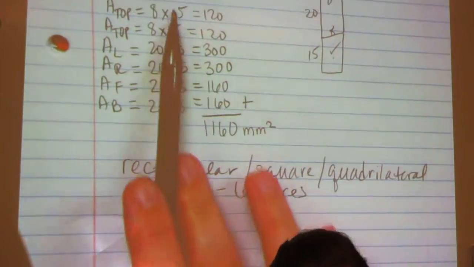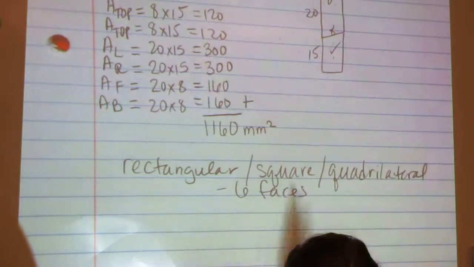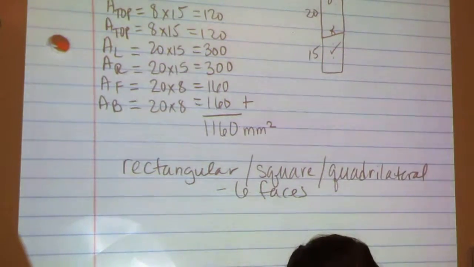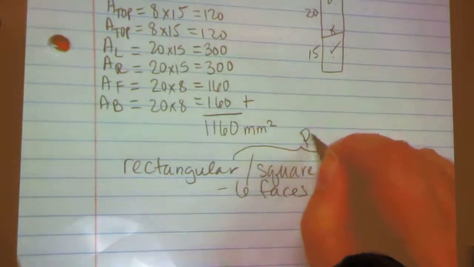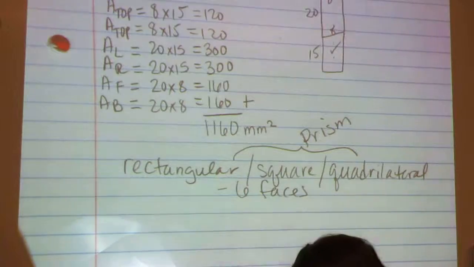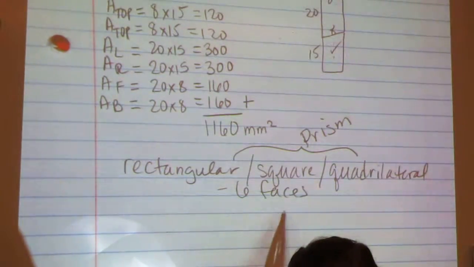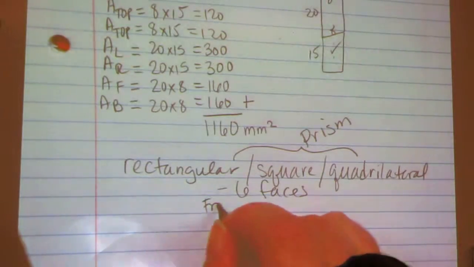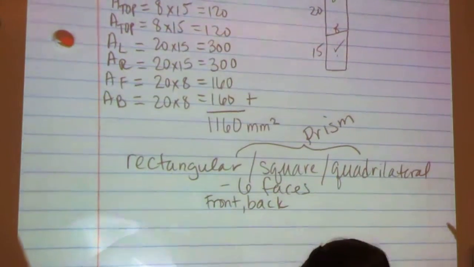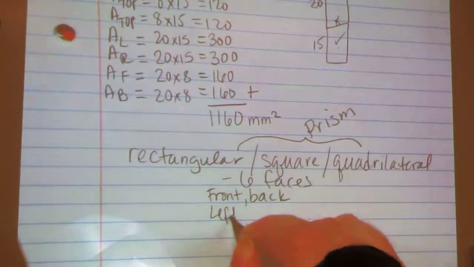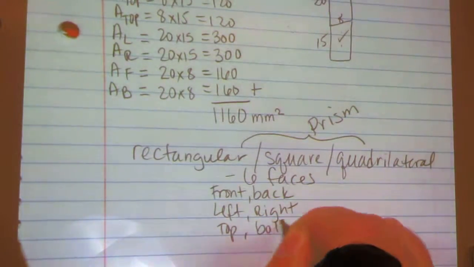If you don't get 6 numbers and add them together, if you're looking at a rectangular prism, a square prism, or some other kind of quadrilateral prism, and I'm going to write prism here, all 3 of these I'm talking about prisms, you're not doing it right. You need at least 6 numbers because you're always going to have a front, a back, which are going to be equal, the left and the right, and the top and the bottom.